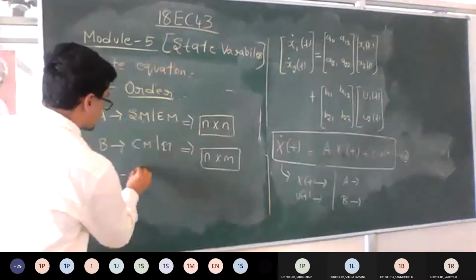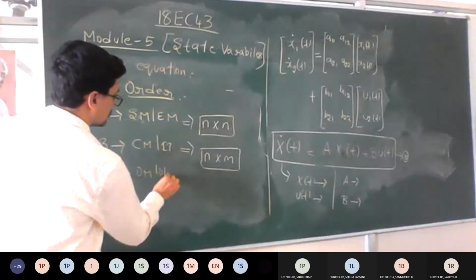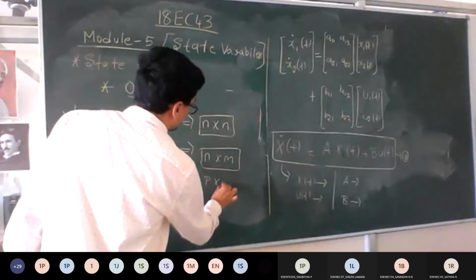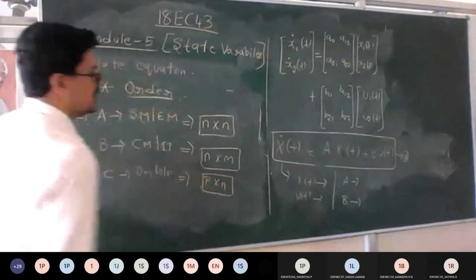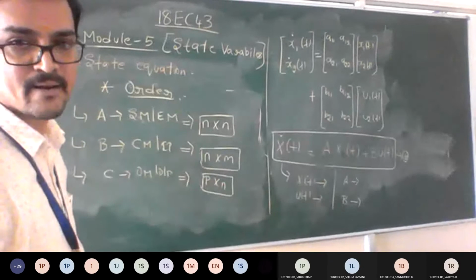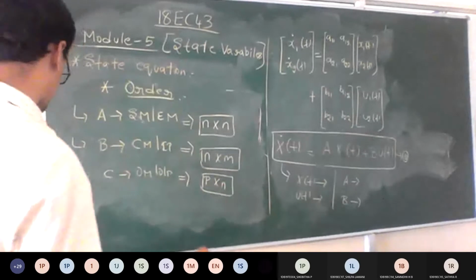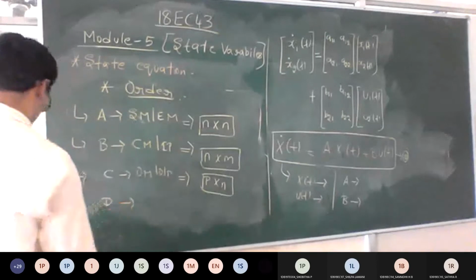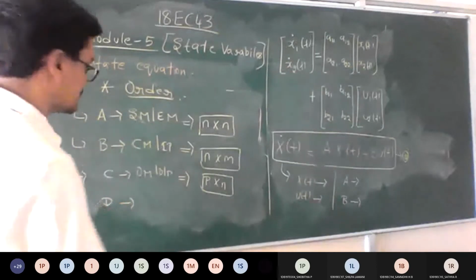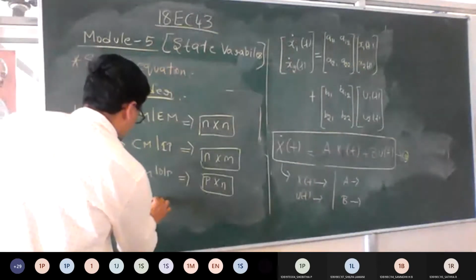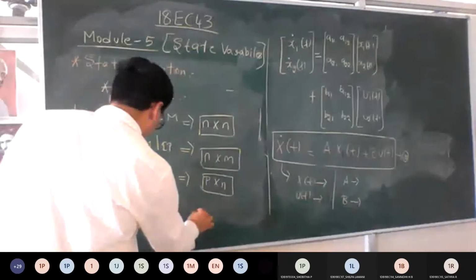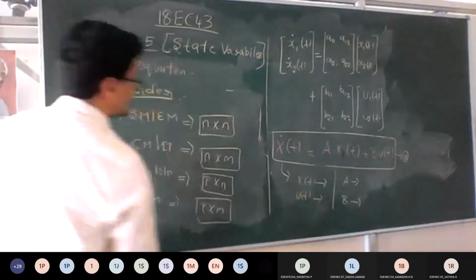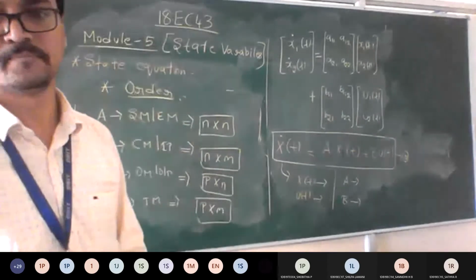Correct? So order is p cross n. The last one, D. What was the name of D, guys? Transmission matrix. Correct? So transmission matrix is represented with an order p cross m.